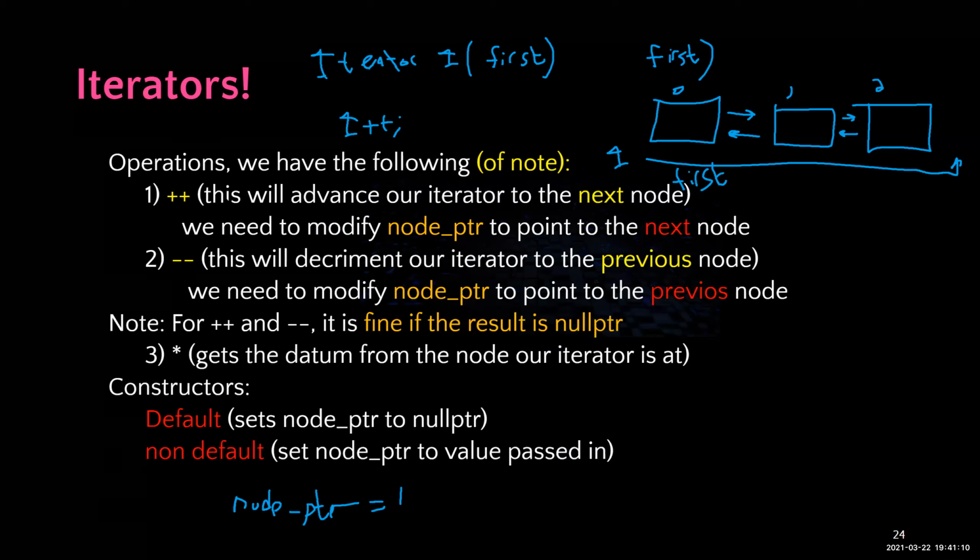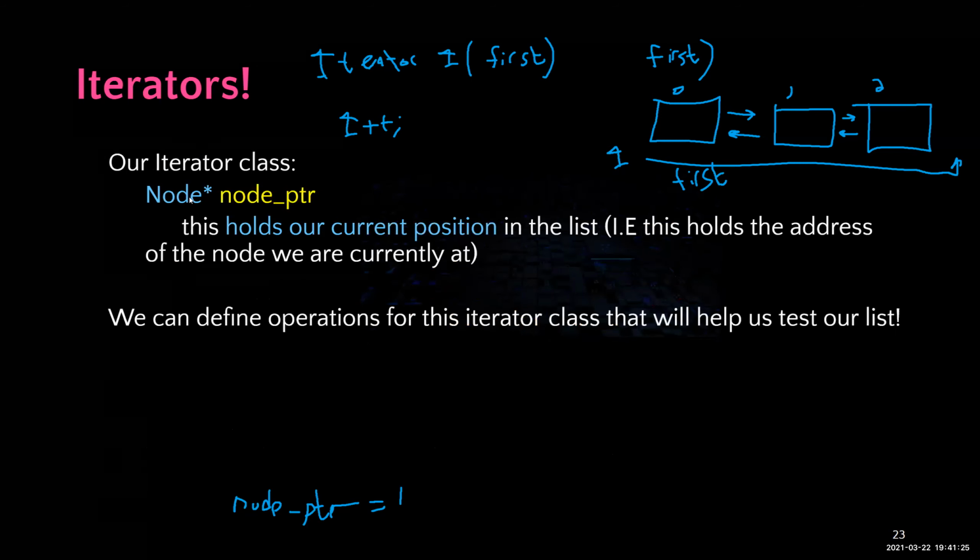So is node pointer a private, or I guess a local variable for the non-default constructor? Yeah, so node pointer is going to be defined for all iterators. In our iterator class, we only have this. We have node pointer. That's our only variable. So every iterator is going to hold the value of some node pointer.